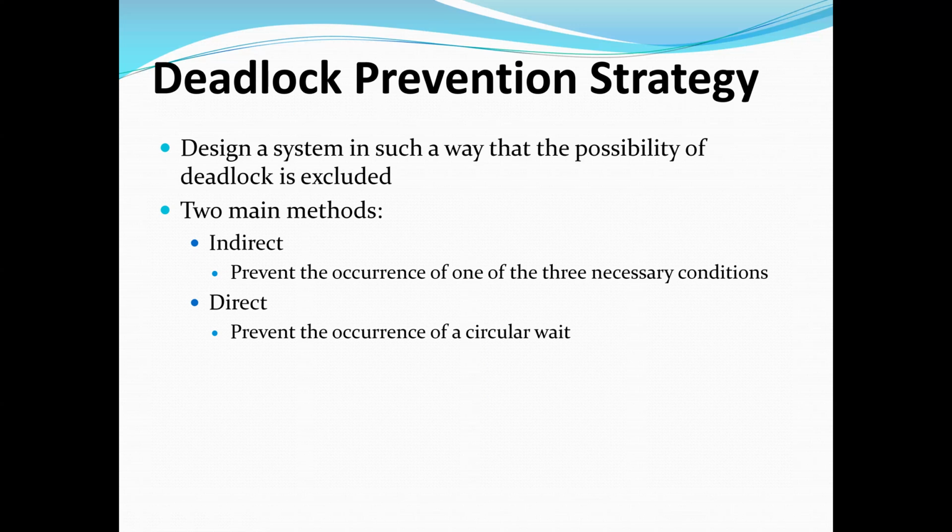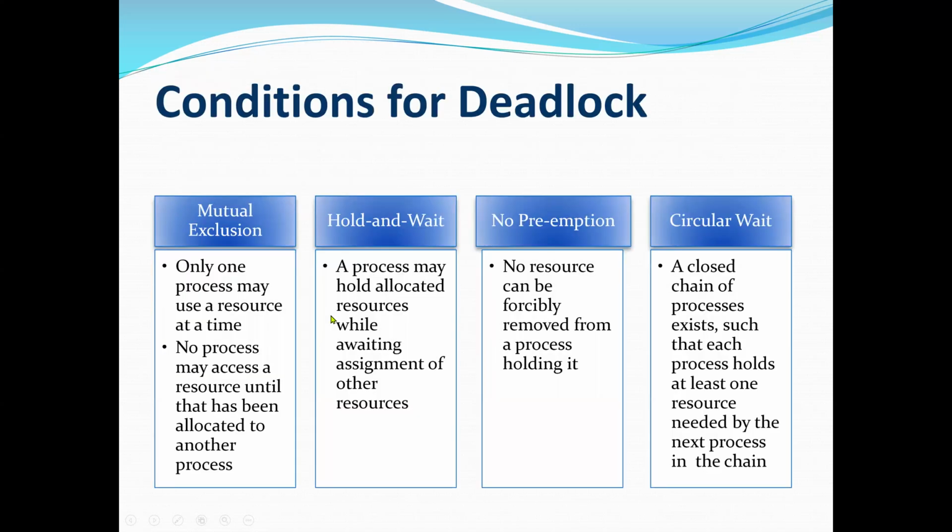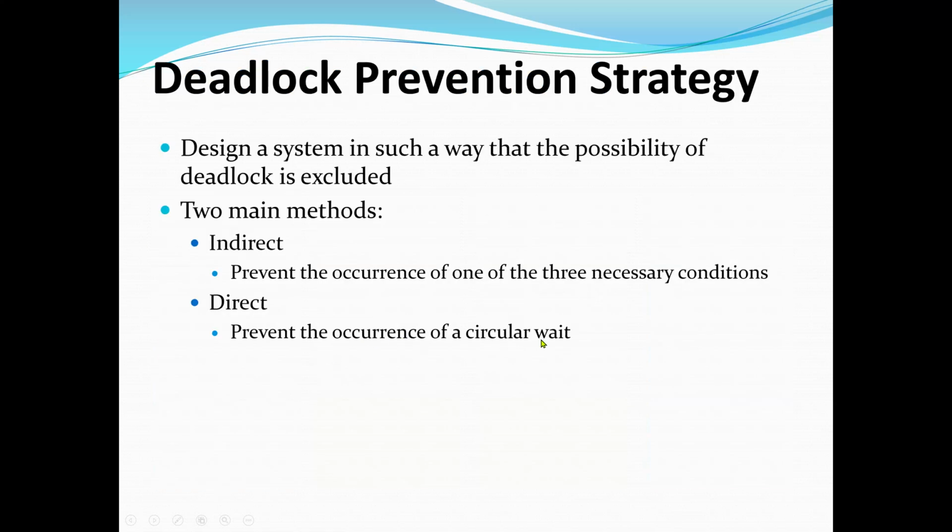Then the direct method of deadlock prevention is to prevent the occurrence of a circular wait. So again, we can go to the previous slide. The first, indirect: mutual exclusion, hold and wait, and no preemption. Then direct, we should also prevent the occurrence of circular wait.